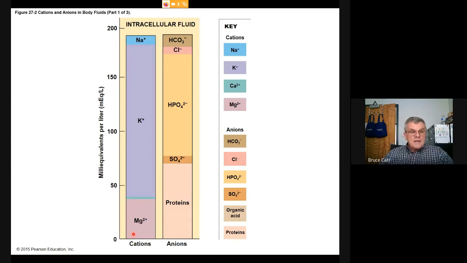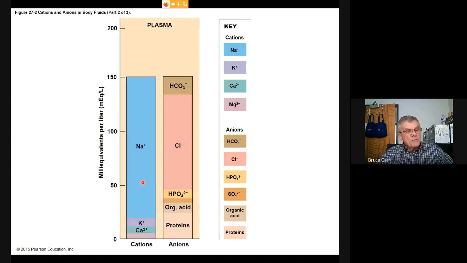If we're going to maintain this level of potassium, and this looks like it to me, it goes from 40 up to let's say 180, 190. 150 milliequivalents of potassium are present in the cytoplasm of the cell, 150. But in the plasma of the blood, we're only seeing about 10.